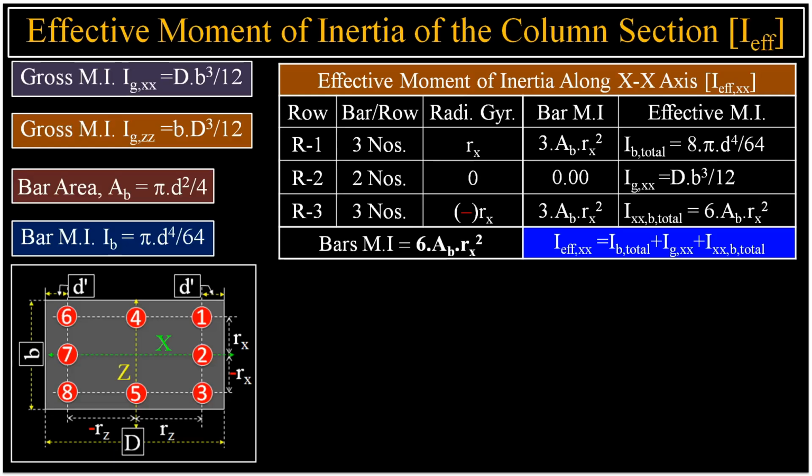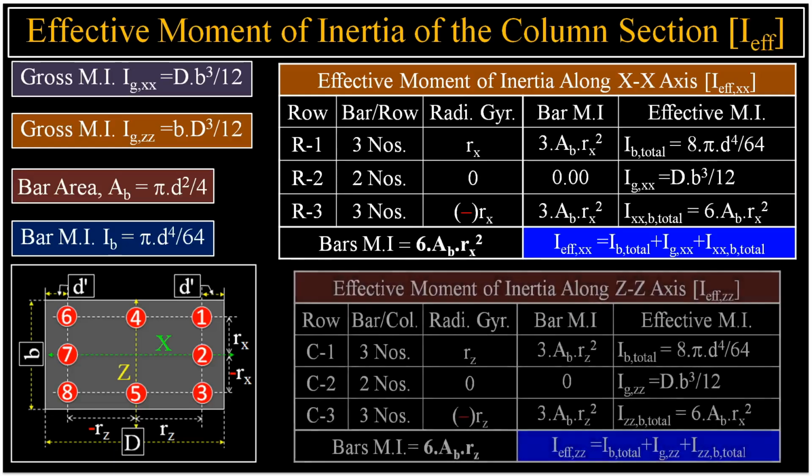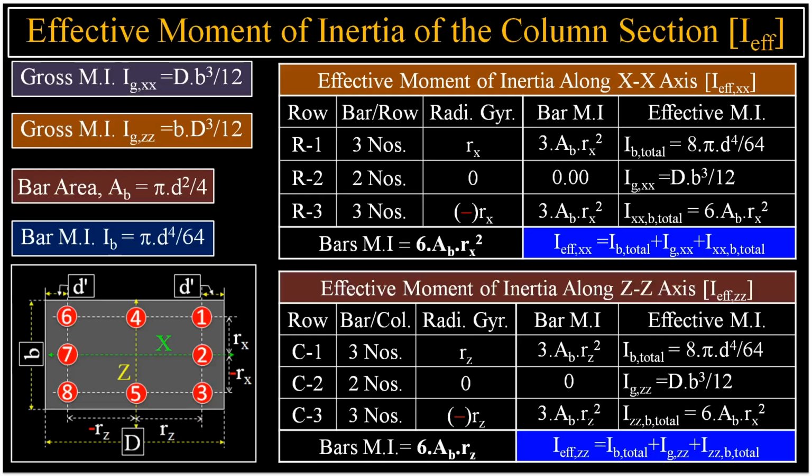Therefore, the total IEFFXX is IB total, or 8 times IB, plus the gross IGXX, plus IXXB total, or 6 times IXXB total. Next, we analyze the similar table for the effective moment of inertia along the ZZ axis, IEFFZZ. Column C1: these 3 bars contribute 3 times AB, times RZ to the power 2.